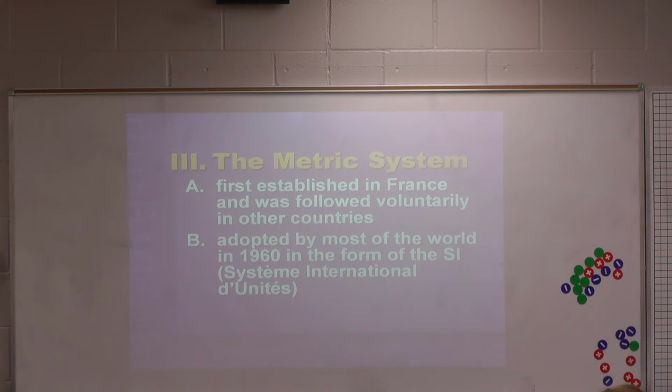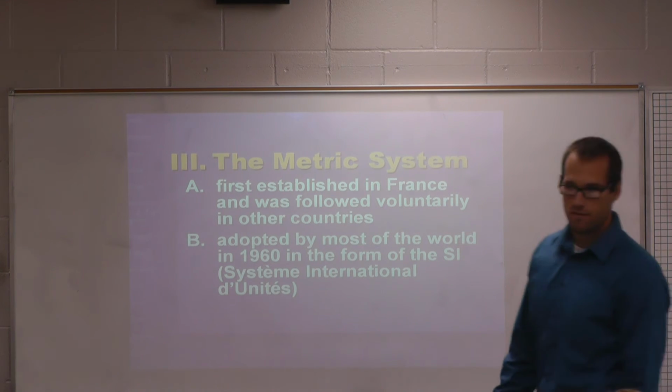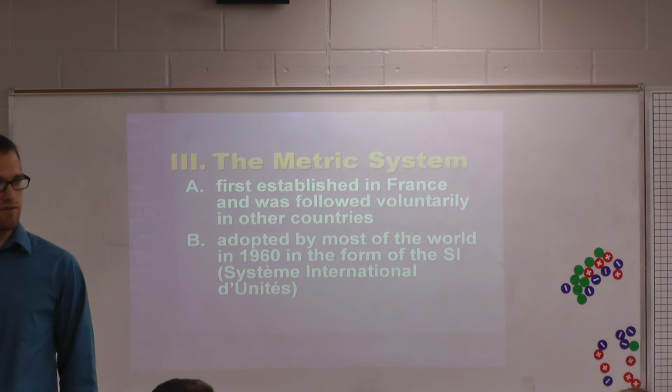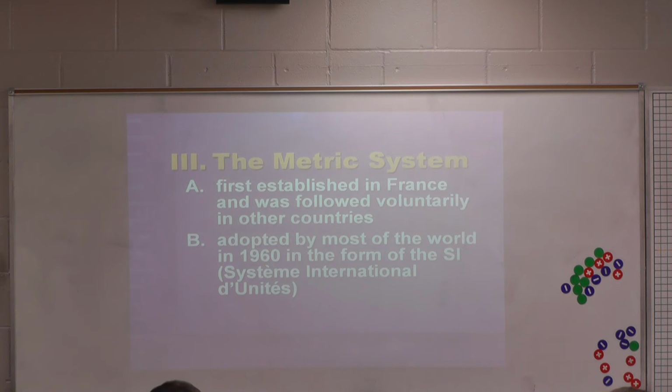Base 10, multiple of 10. There's 1,000 millimeters in a meter. There's 1,000 meters in a kilometer. Okay, multiples of 10, move a decimal, real nice. But in America, we don't use it because it's different than what we're used to. We don't like change here in America. We like to be comfortable.